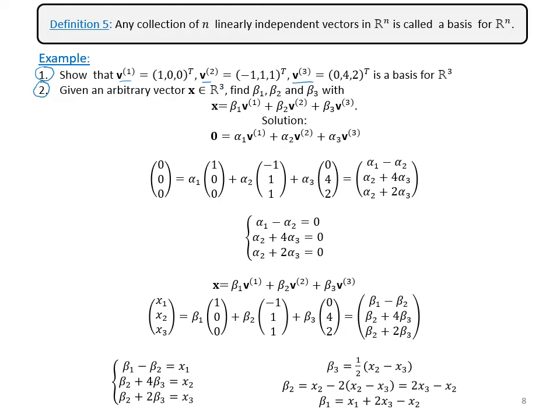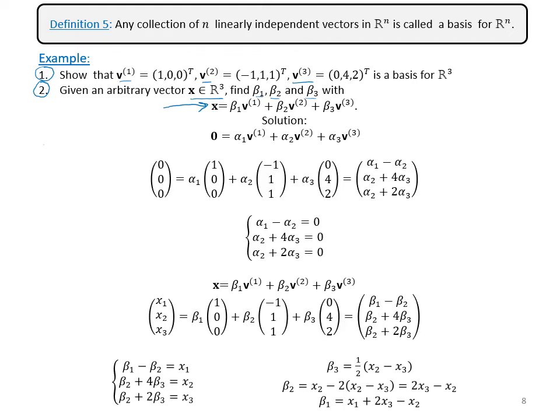And second question, given an arbitrary vector x from three-dimensional space, find beta 1, beta 2 and beta 3 such that vector x can be represented as a linear combination of basis vectors v and the collection of constants beta 1, beta 2 and beta 3.